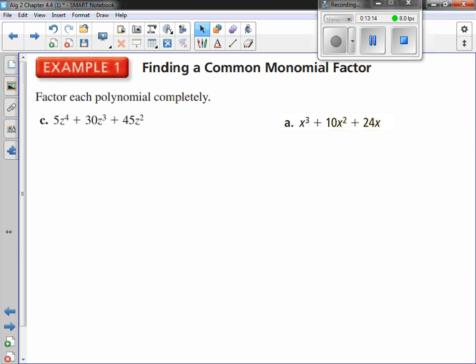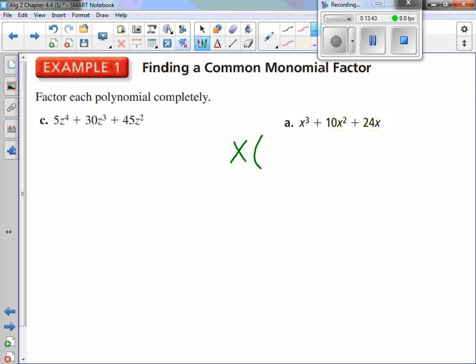So what we're going to look at next is this here, x cubed plus 10x squared plus 24x. We're going to look at this polynomial here. Now again, just like what we've been doing, is there a greatest common factor between all 3 terms? Between x cubed, 10x squared, and 24x. What do they all have in common?